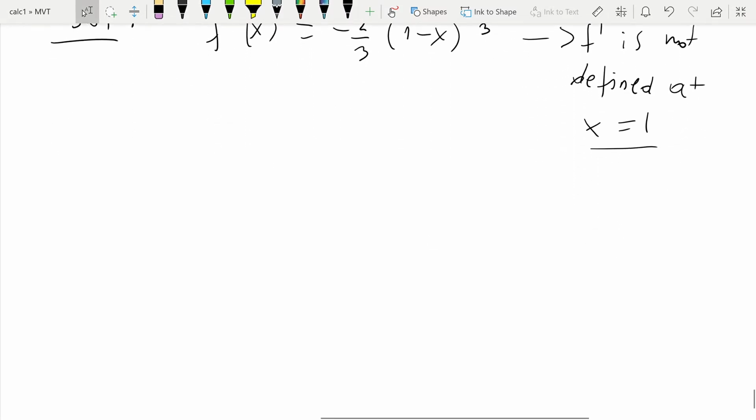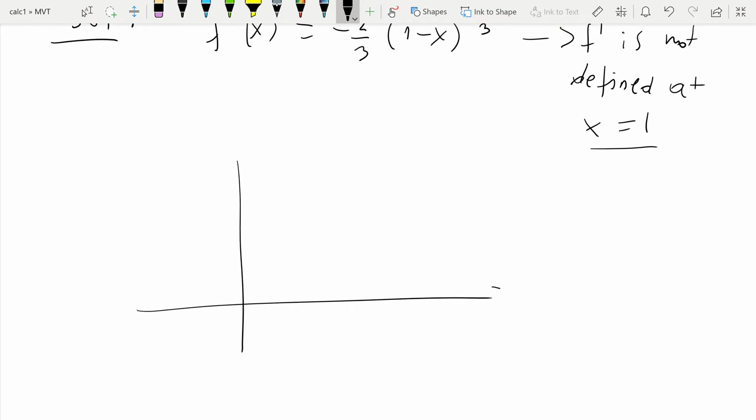So what does the function look like? So we have 1, and we're coming from one side and making a cusp as you approach 1. If you look at the slopes of the tangent lines, you see here that the slope is becoming more and more negative till it reaches minus infinity.